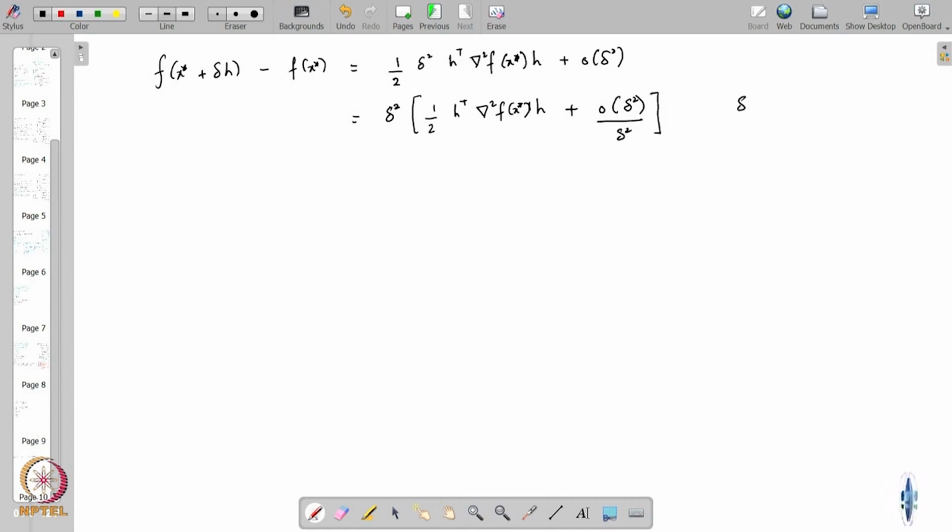This is true for delta positive and small enough. Now, we know that when h is not equal to 0, this underlined term is strictly positive.